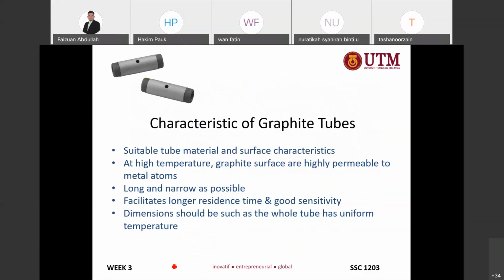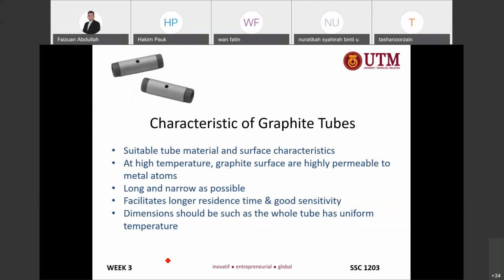Okay, the characteristics of the graphite tube. Suitable tube material and surface characteristics.